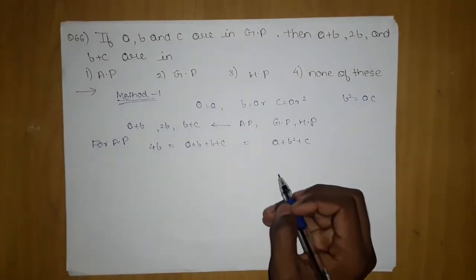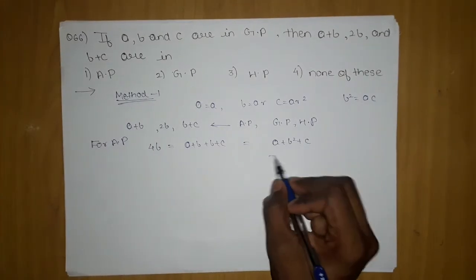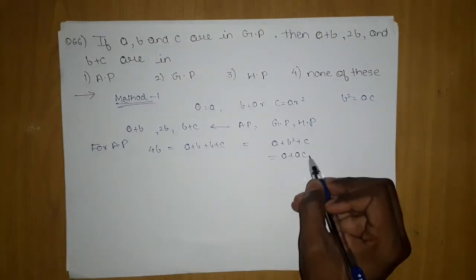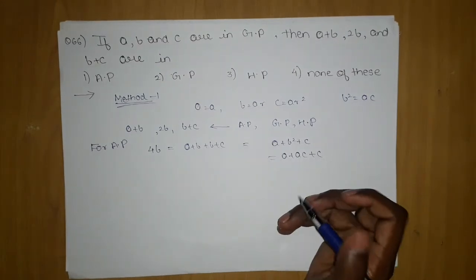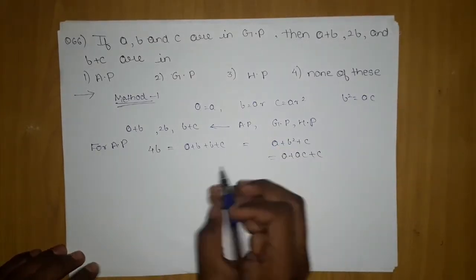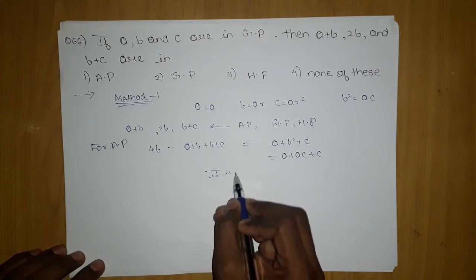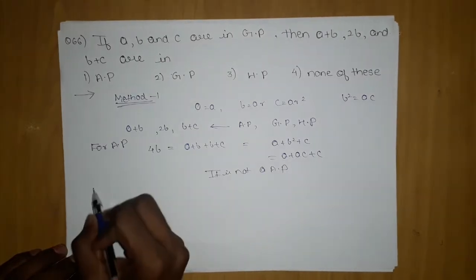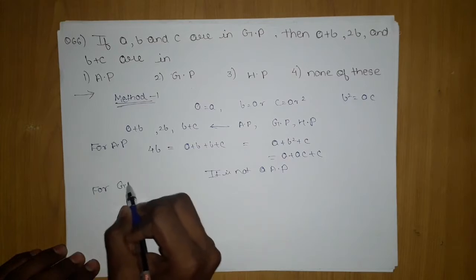If I use this condition, I would have A plus AC plus C. Will it help me to progress any further and make it 4B? No, so it is not an AP.